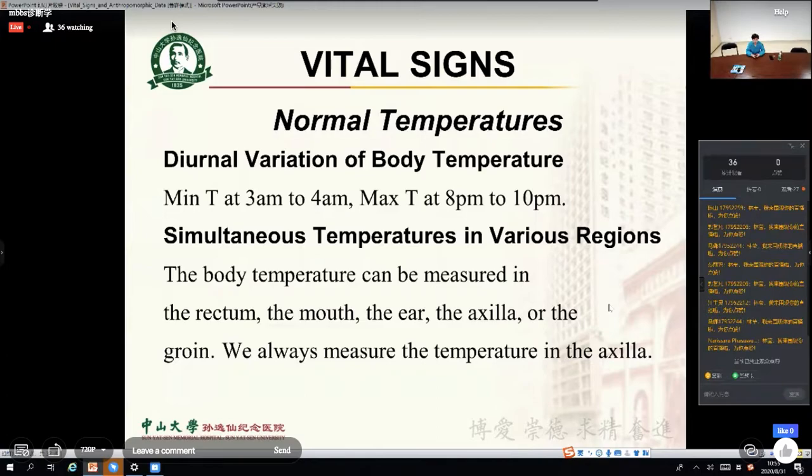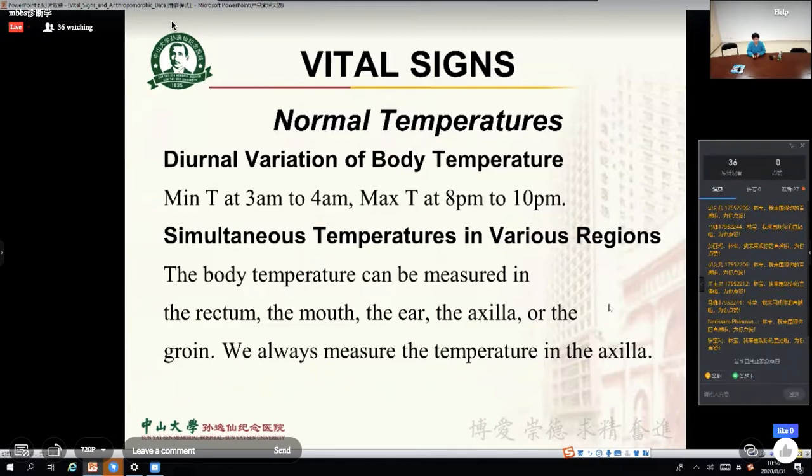Also, we will see different temperatures in various regions of the patient's body. The body temperature can be measured in the rectum, in the mouth, in the ear, the axilla, or the groin. We always measure temperature in the axilla, but nowadays we use digital temperature measurement, like a gun, to measure the skin temperature from your forehead.